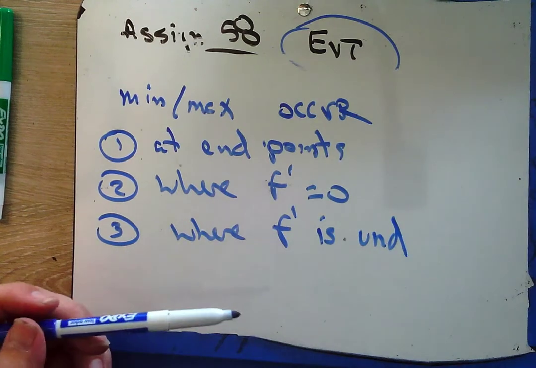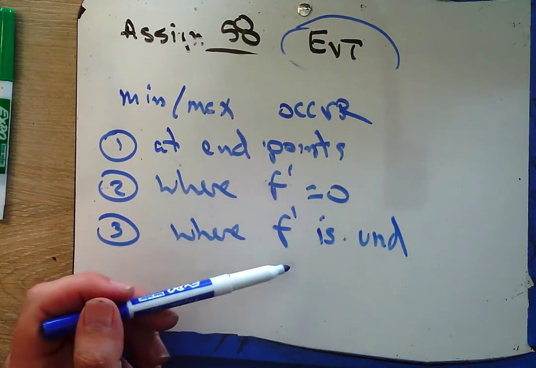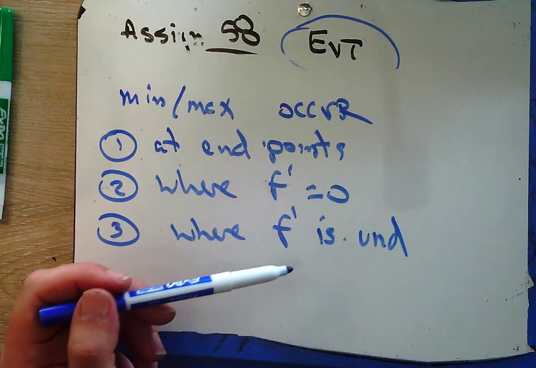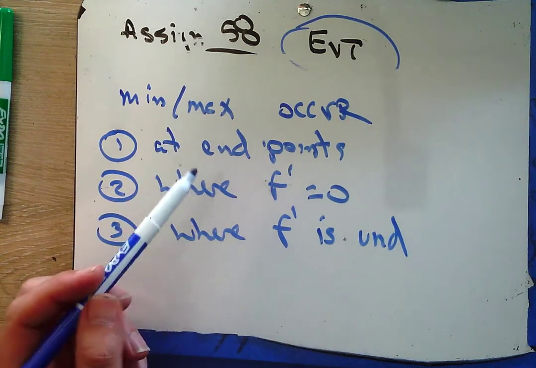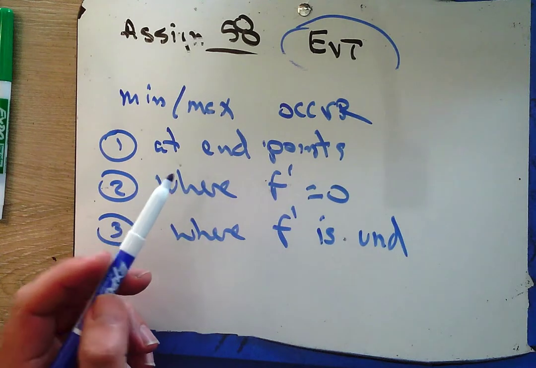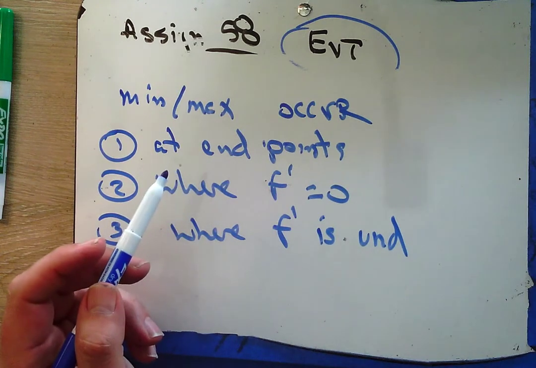Now, just because f prime is 0 or f prime is undefined doesn't guarantee a min or a max. It merely suggests a min or a max might exist there.